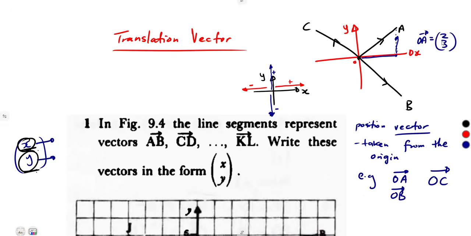It simply means 2 units on the x-axis to the right, which is positive, and 3 units on the y-axis, meaning you're going up. It's a positive, so it's 3 units up. So as you are representing the position vector, you represent it from where? From the origin. All right.